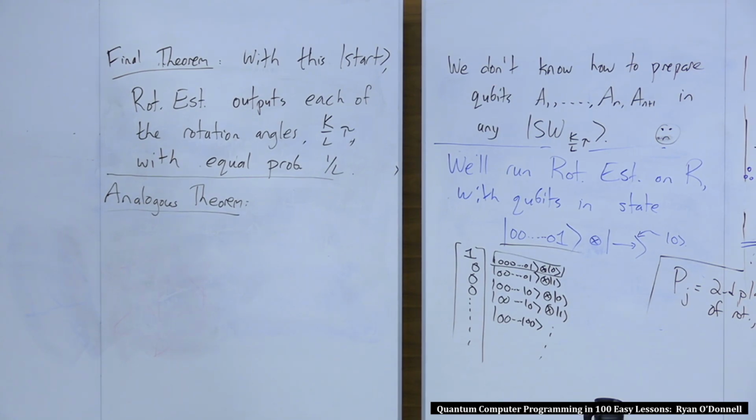But the main thing to have in mind is that rotation estimation takes in qubits in a certain state vector, and it's just always rotating them a bunch of times within that plane of rotation. And as we saw, this is a very important feature that after you did one little Hadamard test in rotation estimation, the new state was still some vector in that plane of rotation. Because remember, we focused on this fact that we don't know how to make state vectors in the plane of rotation.